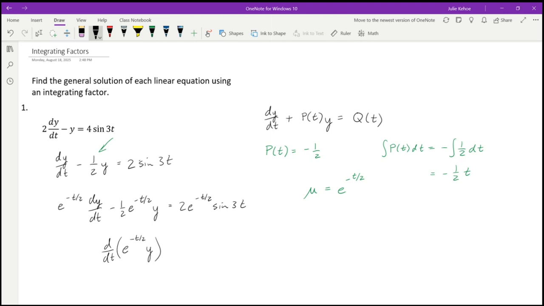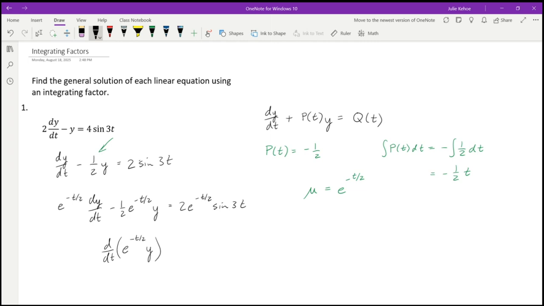I have e to the negative t over 2 times the derivative of y plus the derivative of e to the negative t over 2, which is negative 1/2 e to the negative t over 2, times y. So that's exactly what I would get from the product rule. And so I'm going to go ahead and reverse that product rule. I'm going to rewrite this left side as the derivative of the product of the integrating factor and y. And it should work out this way every time if we've calculated our integrating factor correctly.